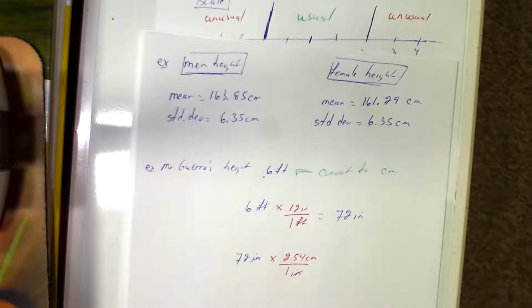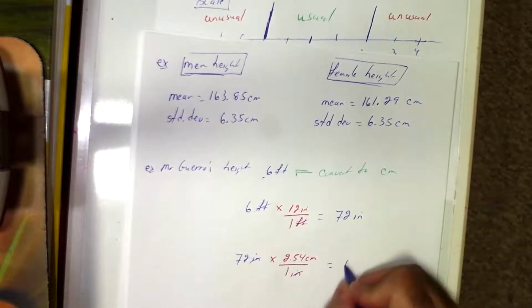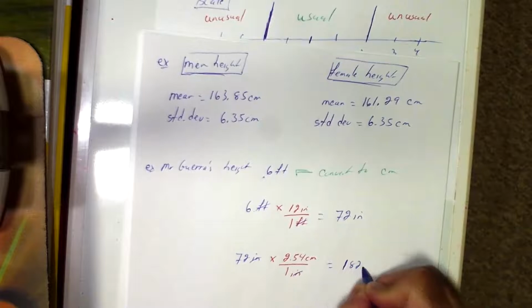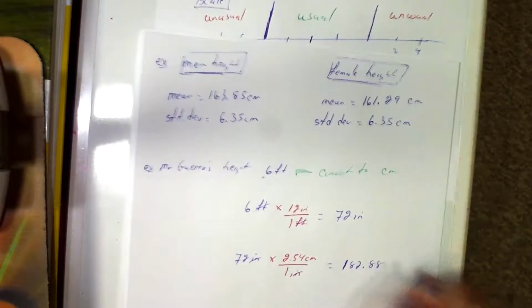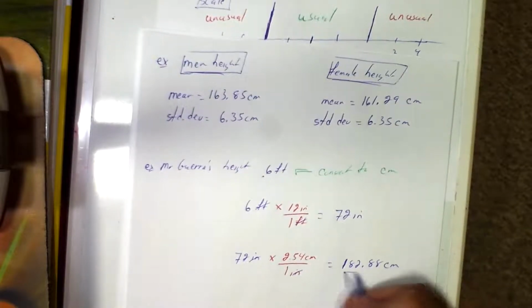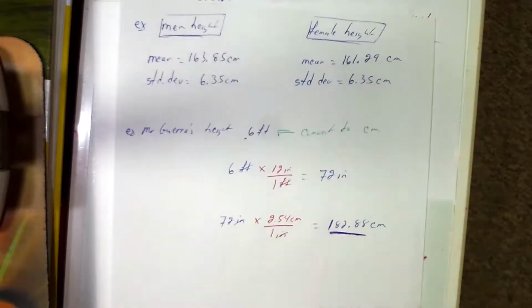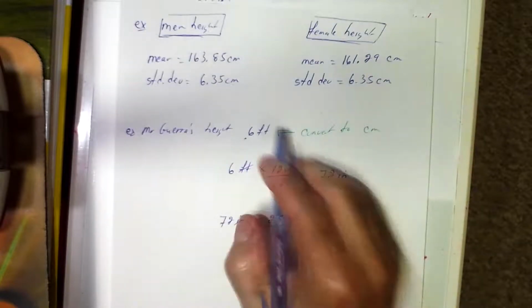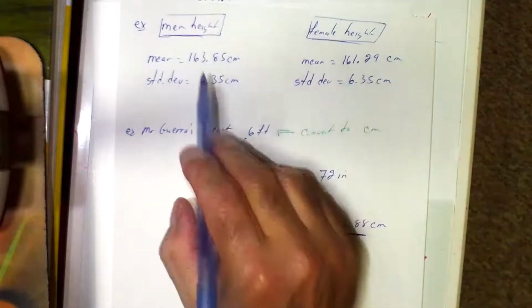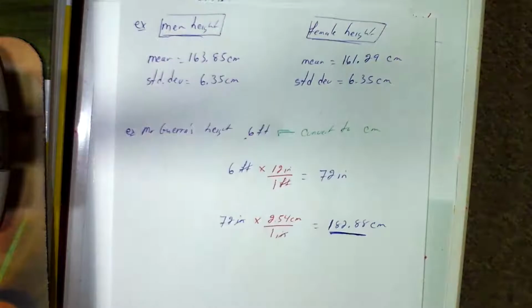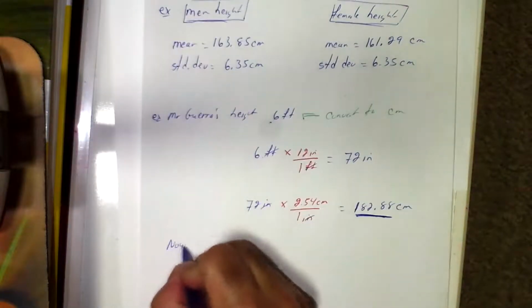My height is equivalent to 182.88 centimeters. Now I have my height recorded in centimeters, just like the mean for the men and the females. So now I can calculate the z-score.